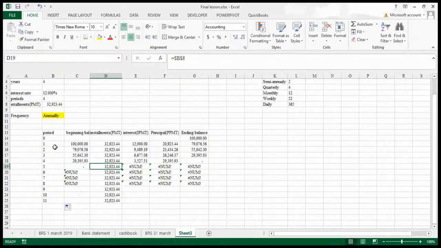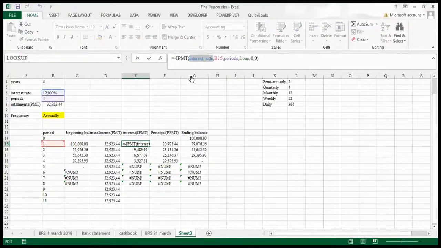So we want to now automate it and eliminate all these errors by using the IF function. That should start by column B. IPMT, activate your cell, then you say minus IPMT. The first item in the formula is the rate. That rate is this interest rate here, not the annual rate.